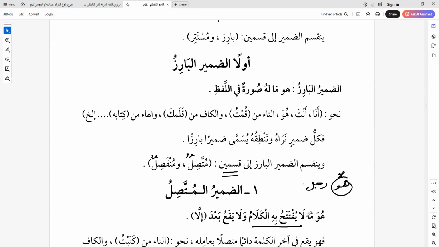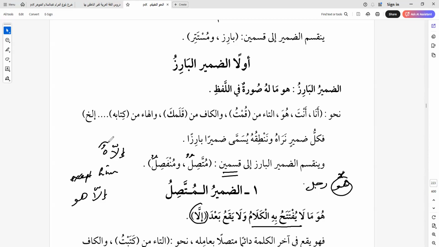But any damir ما لا يفتتح به الكلام ولا يقع بعد إلا, and then it cannot come after illa. You cannot say illahu, like, except him. But in Arabic, we say illa huwa. That is better. You can't say illahu.